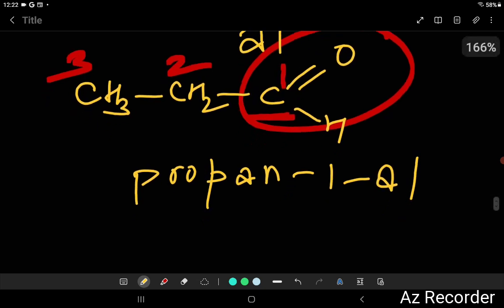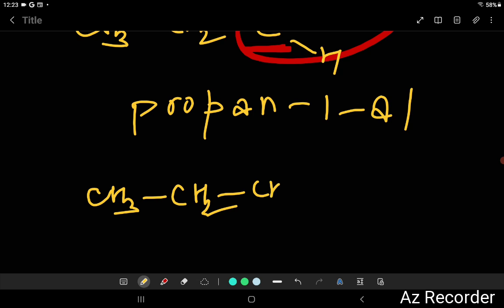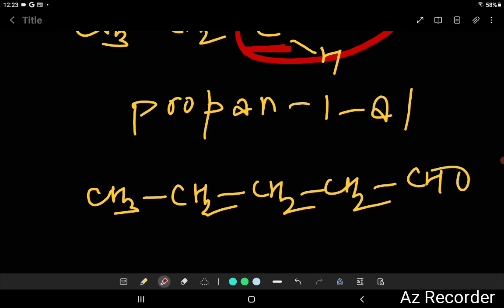Similarly, another example: CH3 single bond CH2 single bond CH2 single bond CH2 single bond CHO. This is your functional group.